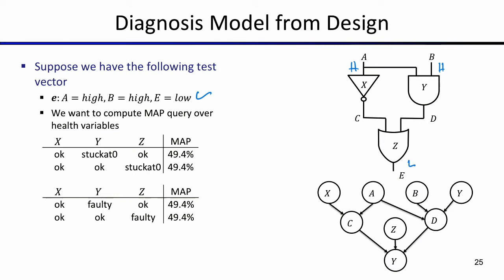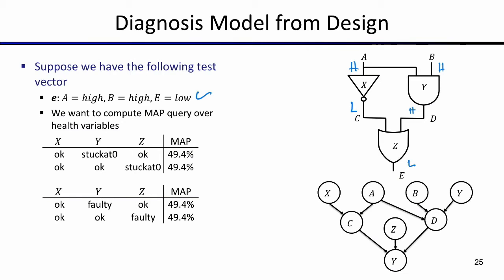Does it make sense or not? Let's check. This is an inverter gate, so if it's working okay, C should be low. We have high and high, and this is an AND gate, so this should be high. And this is an OR gate, and we have low or high, so the output cannot be low. So this is a problem.